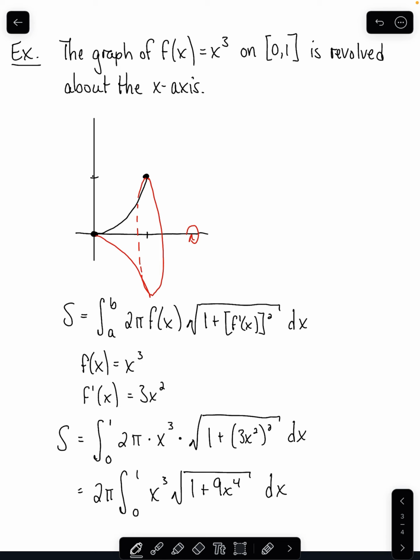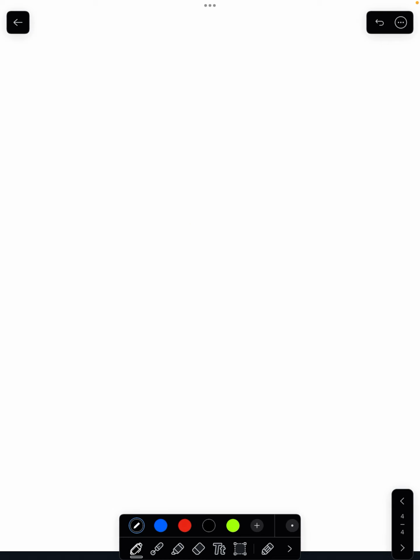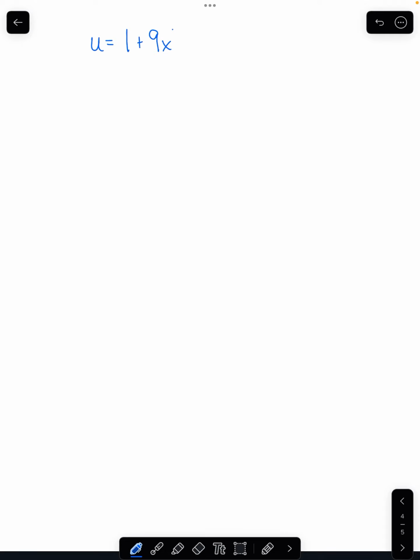So this is very well suited to a simple substitution. We will let u equal 1 plus 9x to the fourth, so that du will be equal to 36x cubed dx.